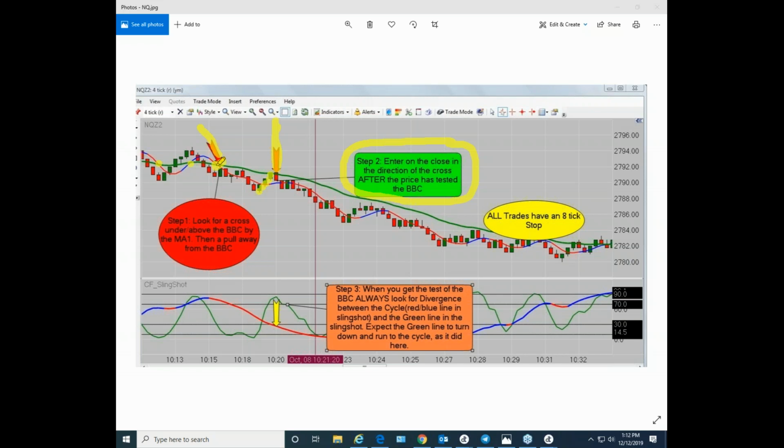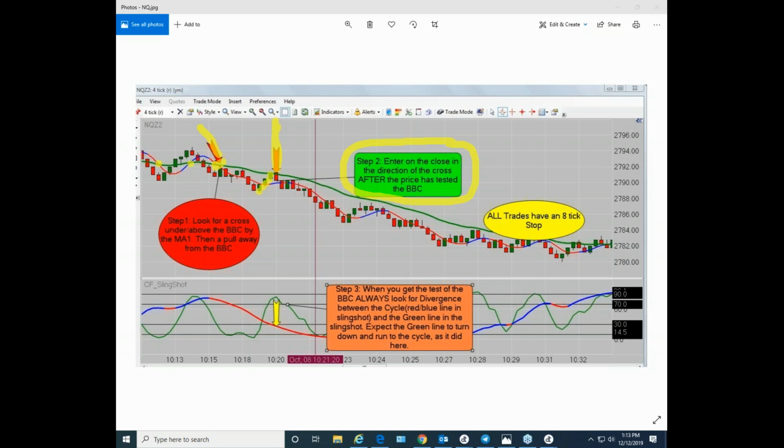If the MA1 is red, you're looking for a red candle at that green line. Follow? If we get a bullish cross, that means the MA1 is blue, then you're looking for an up close or a blue candle or a green candle, depending on how your chart is set up. You're looking for a close in the direction of the trend. That's the bottom line.